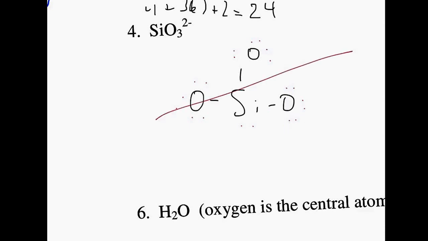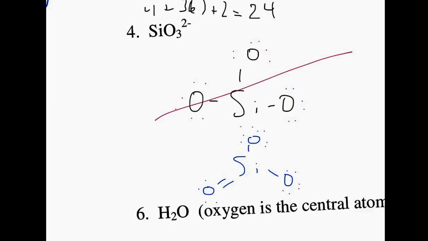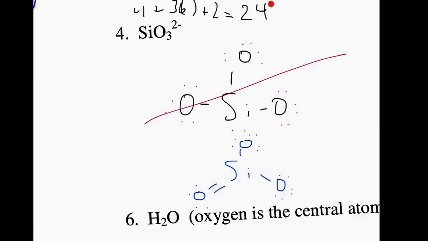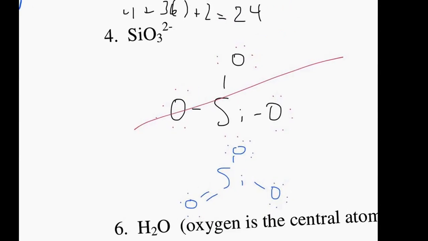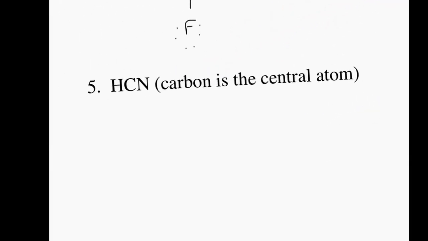That didn't work. So now I'll go back and try it one more time. Si, double bond to an O, single bond to an O, single bond to another O. And again, this O only needs 4 because it already had 2, 4. I need 6, 8, 10, 12, 14, 16, 18, 20, 22, 24. And that matches my 24 up here. So I'm in good shape there.